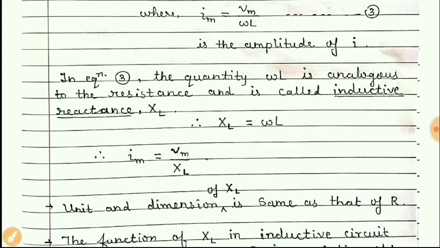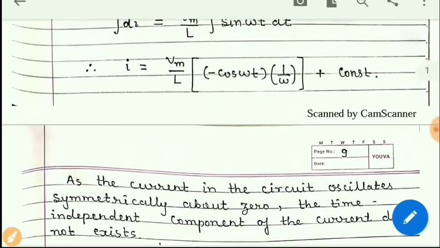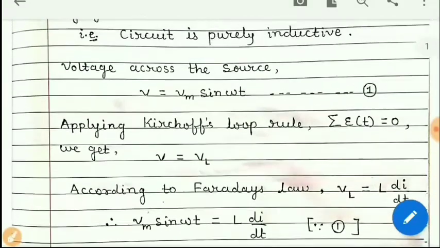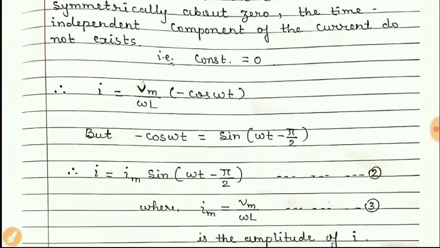But here you can see the equation of current, Im sin omega t minus pi by 2, and for voltage it is this. So the difference is of minus pi by 2.